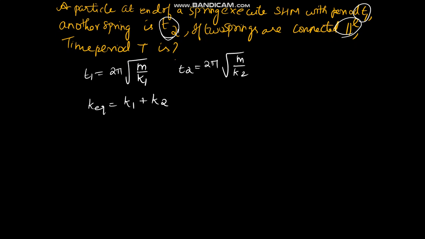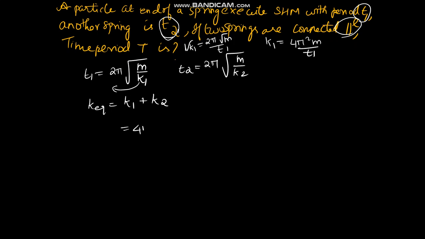From here I am taking the k1 value. Root of k1 is equal to 2 pi root m divided by T1. So k1 is equal to 4 pi square m divided by T1 square, squaring it.